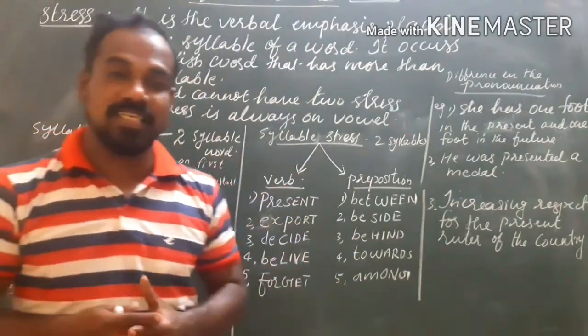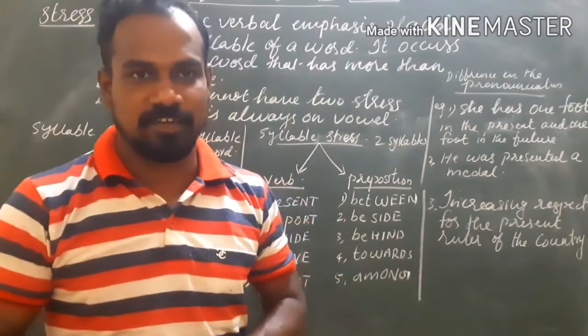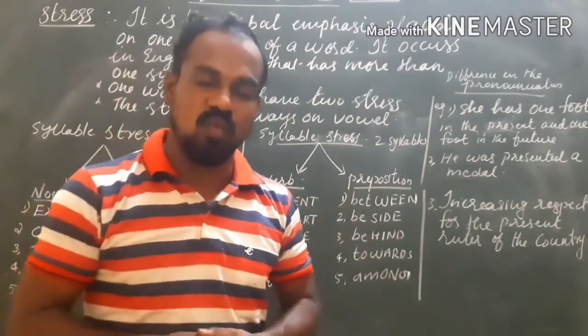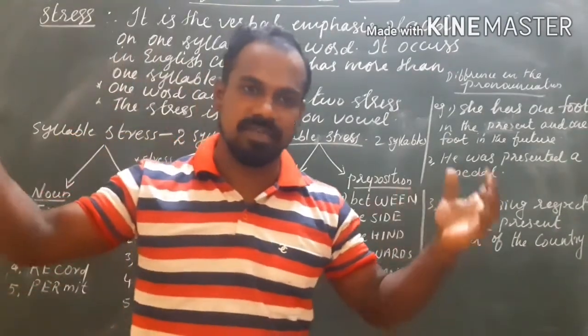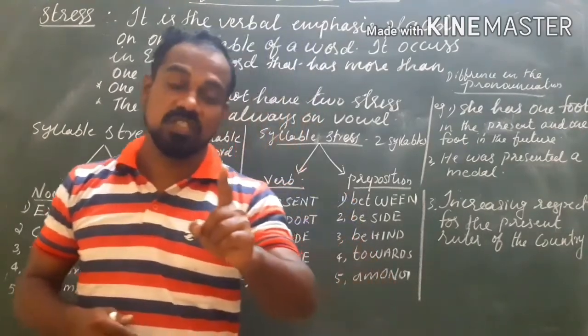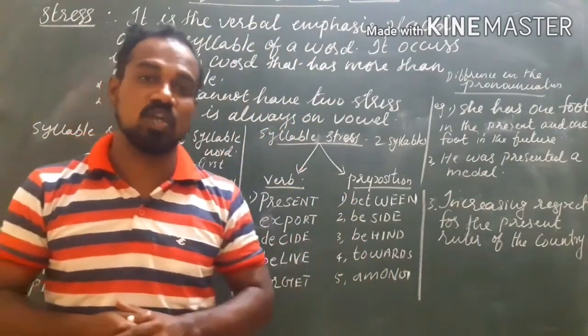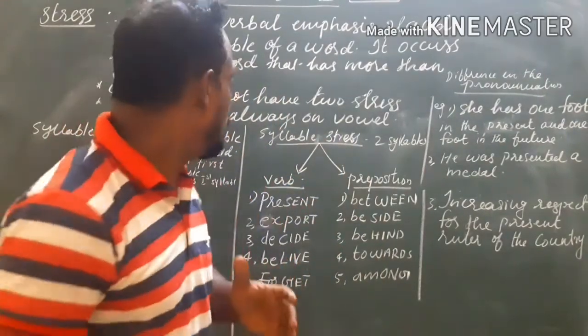You know that in the vocabulary there are so many words which have one syllable, two syllables, three syllables, four. It can even be 10-syllable words. But a word should have more than one syllable, then only will we be able to stress it.